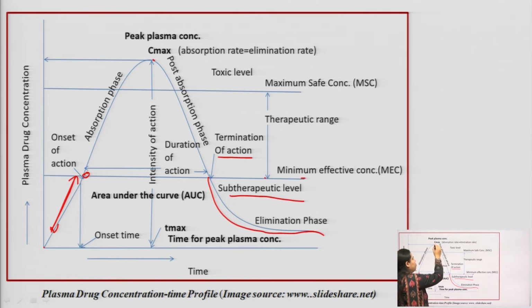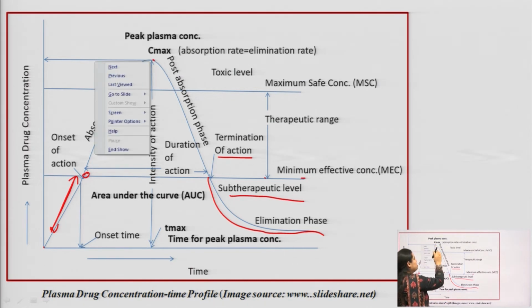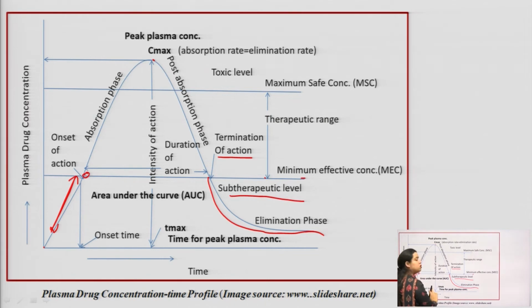The blood reaching the Cmax point, and the time at which it happens, will be termed as Tmax, and all this curvy area will be called the area under the curve, and this will give you the exact profile of the drug performance in the body systems. I hope you understand this thing.